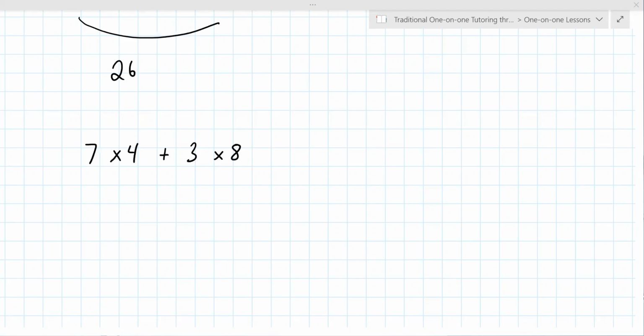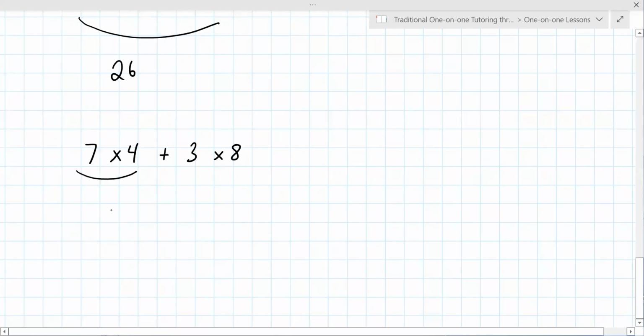How are you doing with the multiplication? I kind of got stuck with the adding part. What is 7 times 4? 28. Okay, and then 3 times 8.